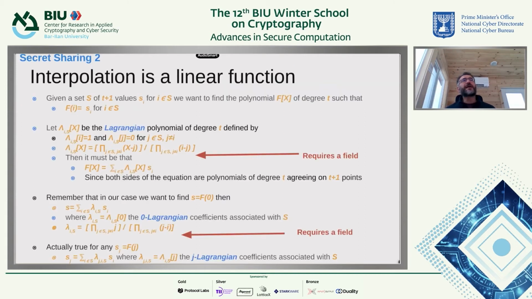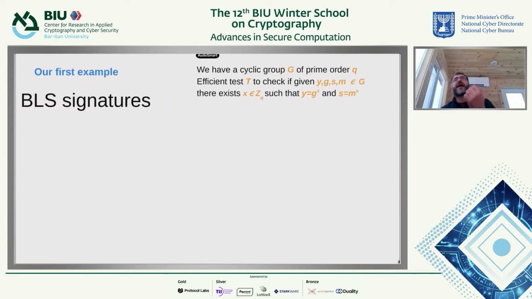Okay, so now we're ready to show you the first example of threshold signature, and we're going to use BLS signatures. For those of you who don't know BLS signatures, let me remind you briefly. BLS signatures are designed over a cyclic group G of prime order Q. The one thing that is special about this group is that we have an efficient test that tells us if 2 values in the group, Y and S, have the same discrete log with respect to 2 different bases.